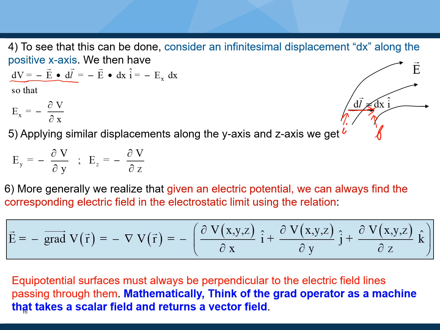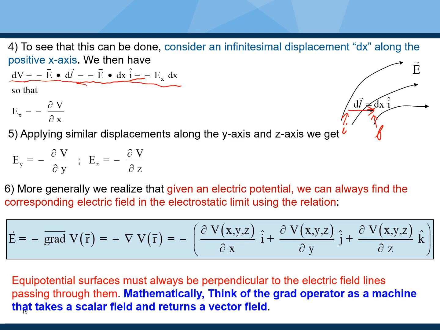So we can go ahead and say that since our dl vector was chosen to be along the x-axis itself, we have minus E vector dot dx times I hat, and therefore if any vector is dotted with I hat, that basically leaves us with the x component of that vector itself, where I hat is the unit vector in the x direction.